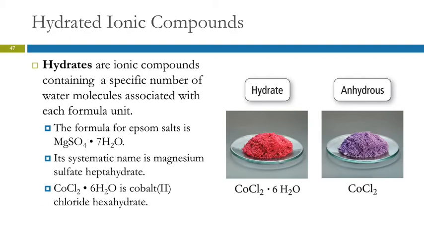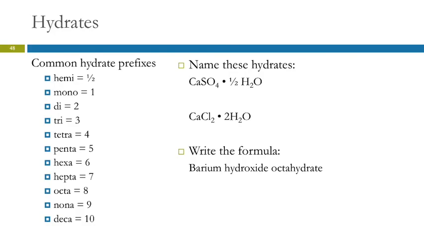And I already talked about that one. So these are those numerical prefixes I mentioned. And we're going to use these for naming molecular compounds as well. So mono, di, tri, a lot of these are very similar to things you may have learned in math. How many sides does a pentagon have? 5. Penta is a prefix that means 5.